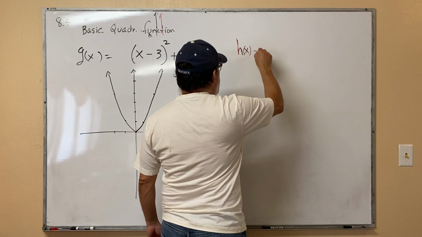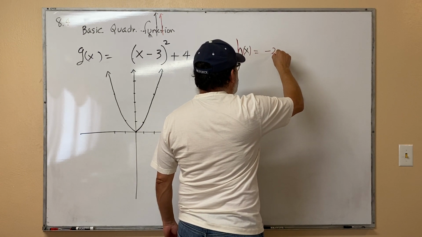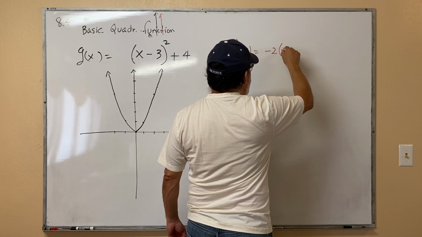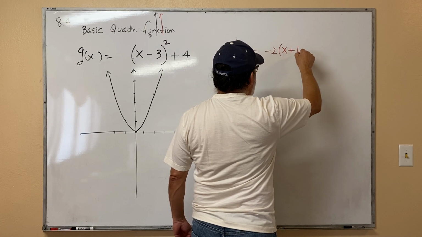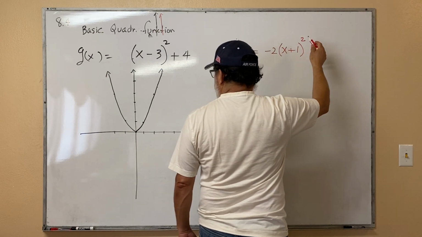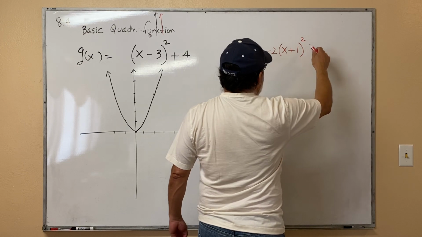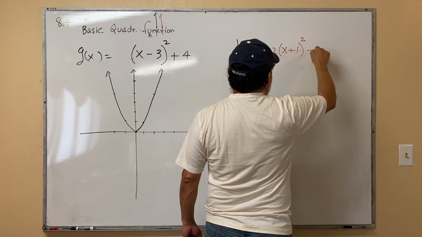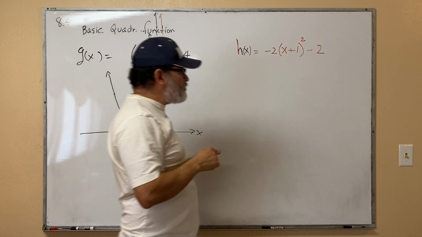H of x equals -2 times x plus 1 quantity squared minus 2. There you go.